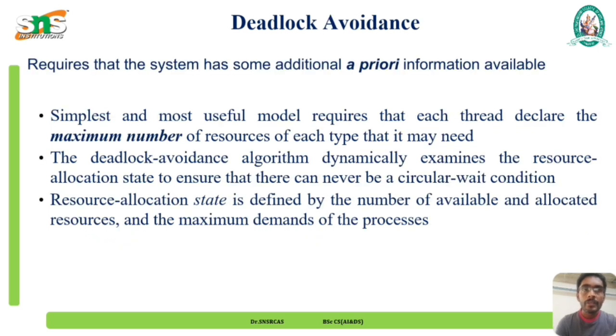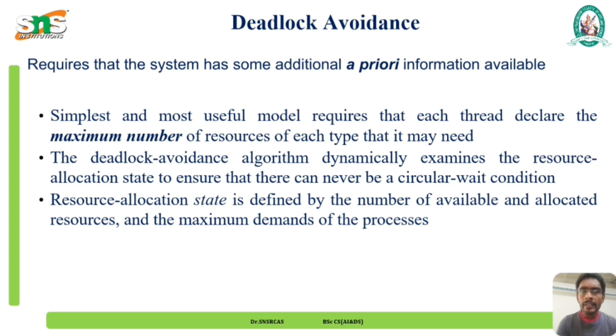And coming to deadlock avoidance. Before entering into a deadlock state, if possible, you can avoid deadlocks, which requires that the system has some additional a priori information available. The simplest and most useful model requires that each thread declare the maximum number of resources of each type that it may need.